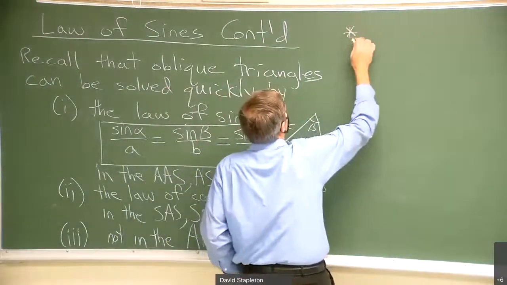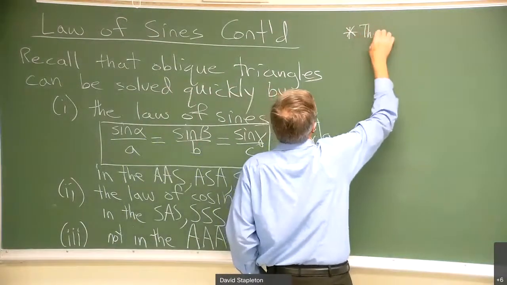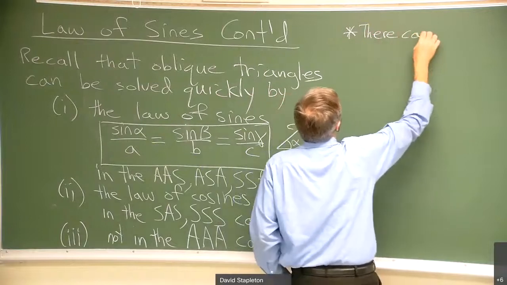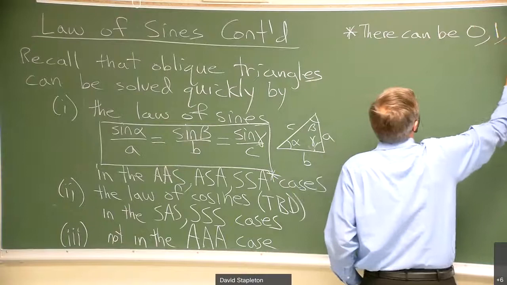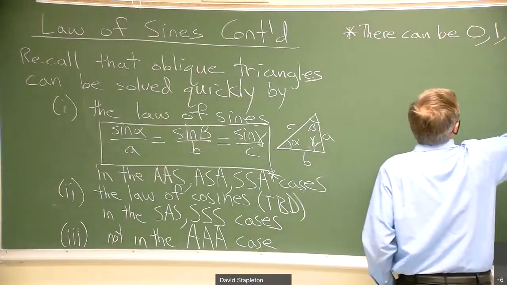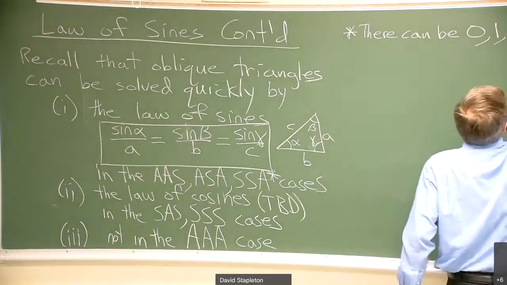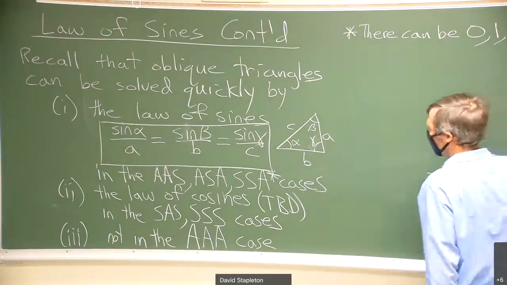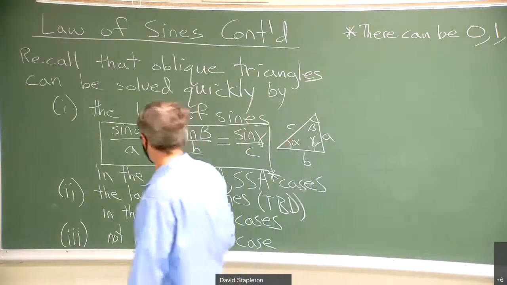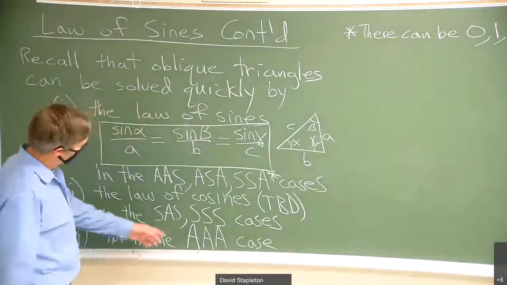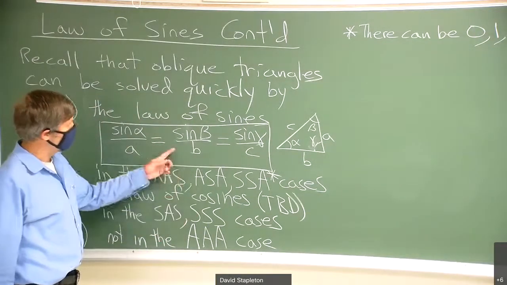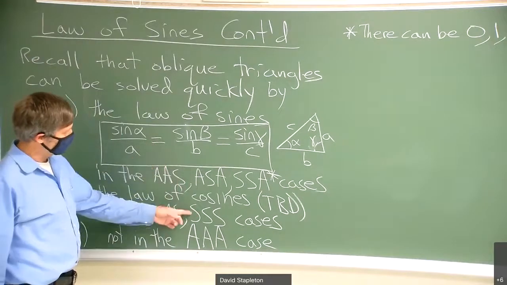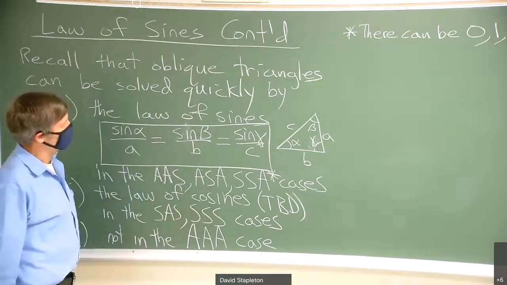In the side side angle case, there can be no solution, one solution, or two solutions. And actually, some of these other triangles, you can get no solution also. The rules say in any triangle, these rules hold. But sometimes you can give side, side, side that's not a triangle, for instance. So I'll mention one of those.